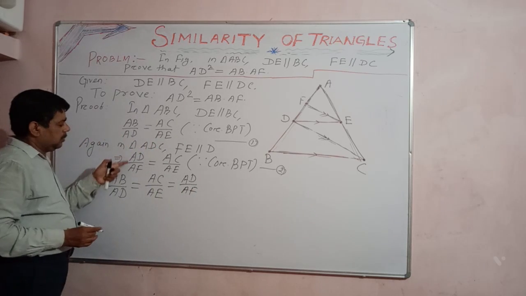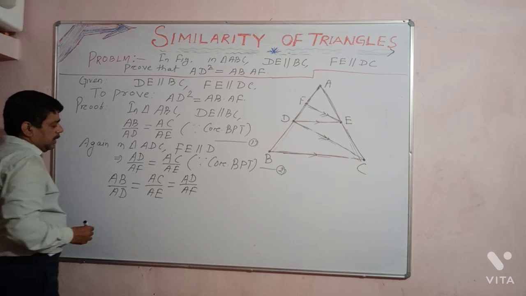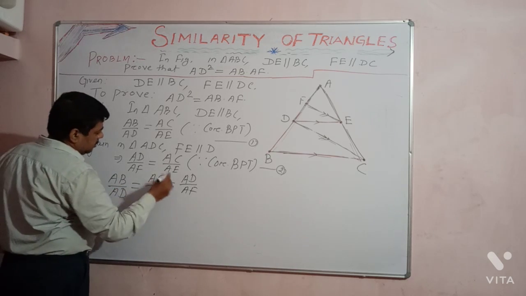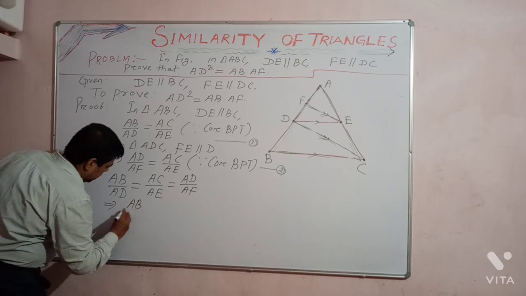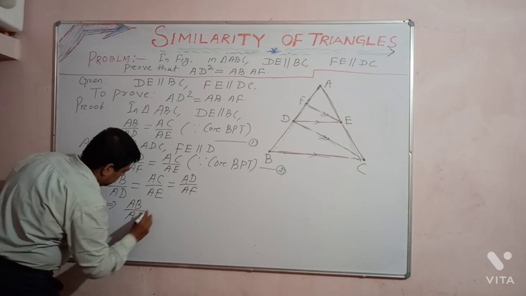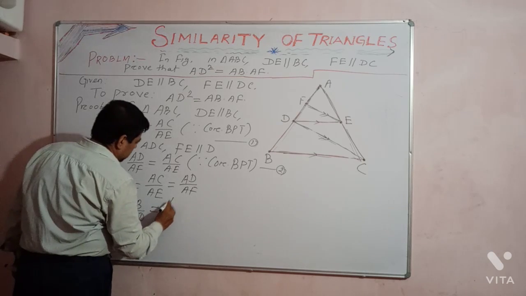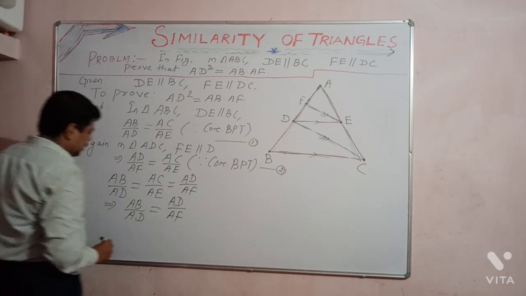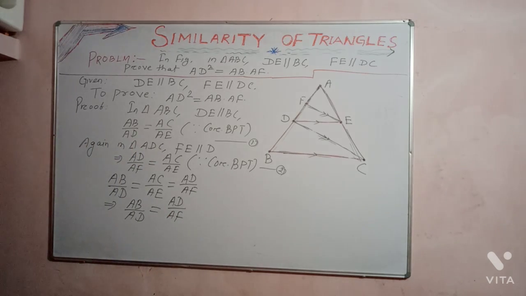So AB upon AD is equal to AD upon AF. Is it clear?